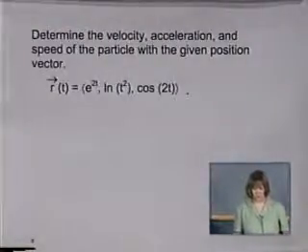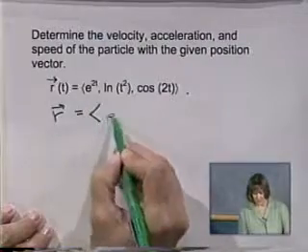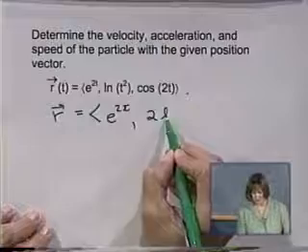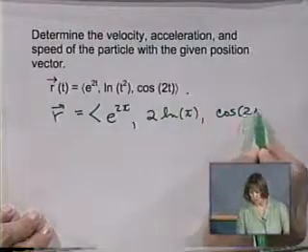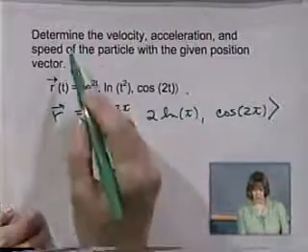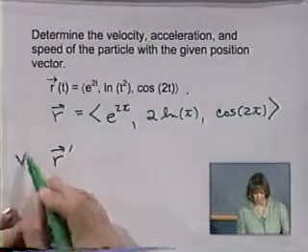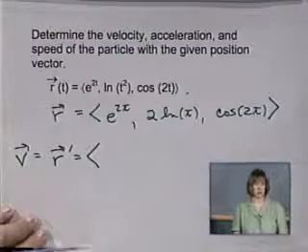So first of all, before I even differentiate, I'm looking at r, and I see I have an e to the 2t, but why not bring that 2 out front? If you didn't see to do that, you'll get the same answer that I'm going to get as long as you simplify. So they want me to get the velocity. My velocity, r prime, is, all we have to do is differentiate term by term.